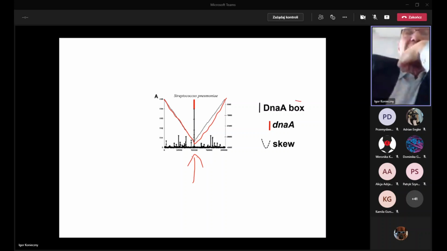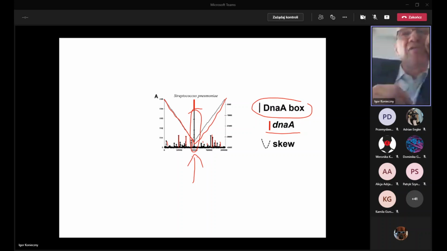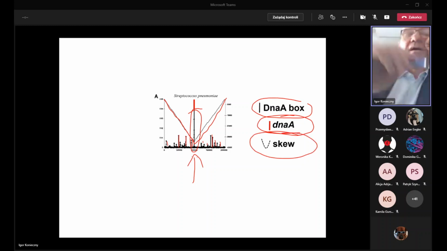Then the DnaA box positions: these are the numbers of DnaA boxes all over the chromosome, and you see that in here we have a concentration of DnaA boxes, and the red part is the position of the gene for the DnaA protein. It's also close to the replication origin. So if these three features match, then you can most likely say that this is the position of the replication origin.